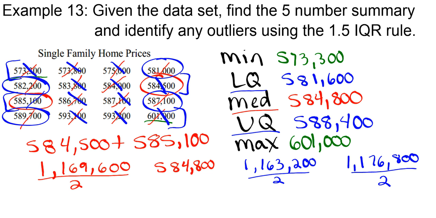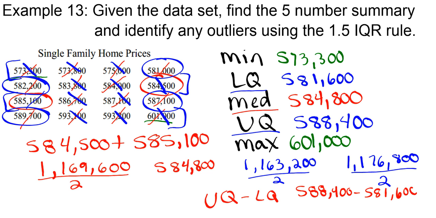Now, I need to see if there are any outliers. So I'm going to go ahead and subtract my upper quartile minus my lower quartile. So in this case, that means I'm going to take 588,400 and I'm going to subtract 581,600. Those are tricky to say sometimes. So go ahead and find the difference between your quartiles.